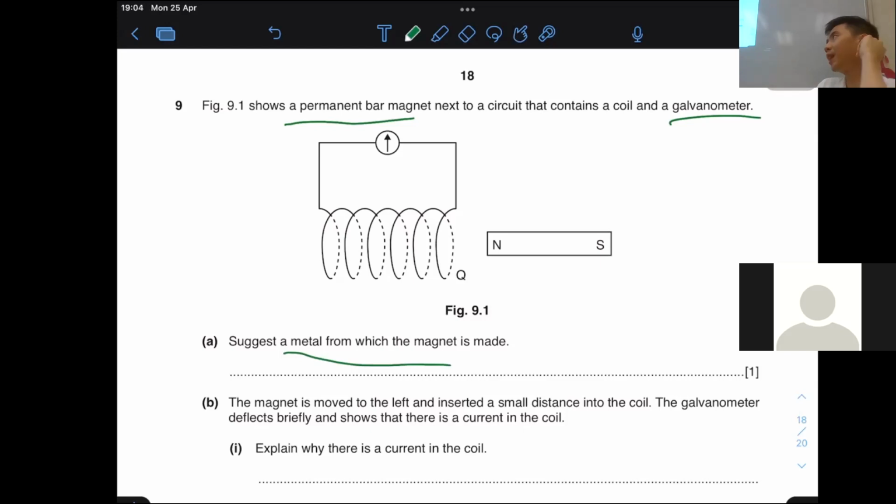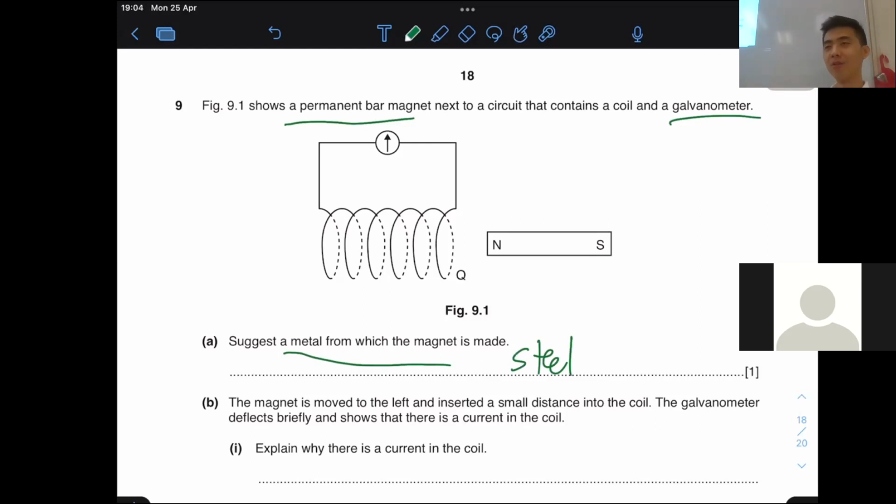What metal should I use again? I'll give you 2 options, either iron or steel. Why iron? Why steel? Good. Steel is a hard metal, guys. I told you this before. It's acceptable.